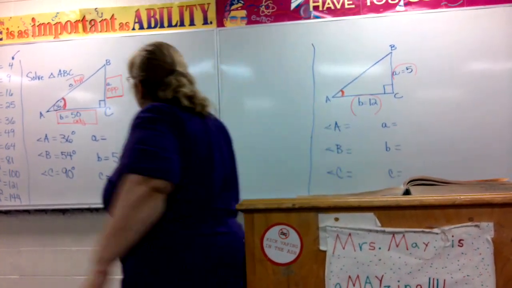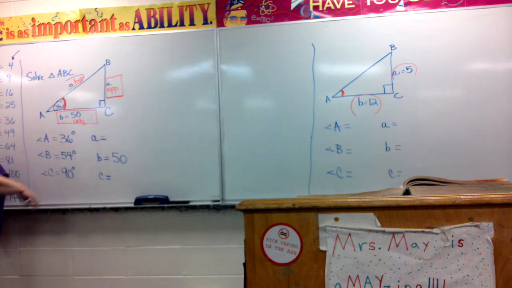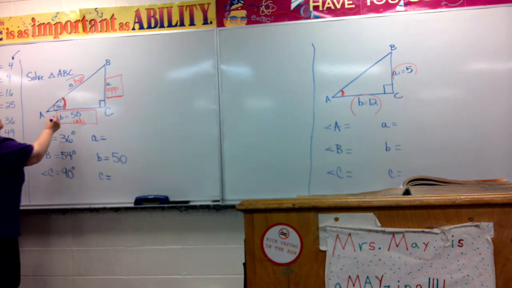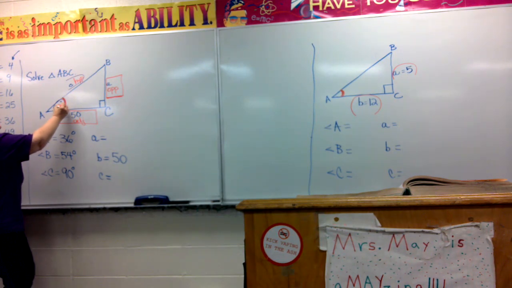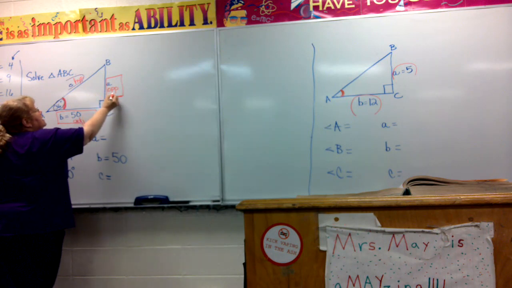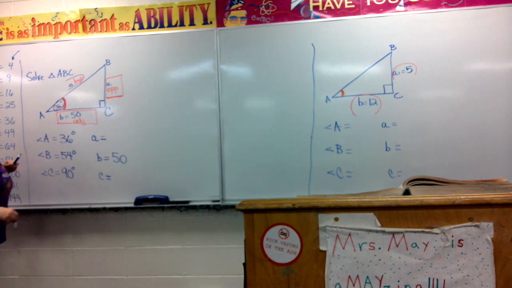So over here, I would go with angle A because they gave us angle A. And I would label my sides according to angle A. See this one over here? That's the opposite. The one next to it is the adjacent. The hypotenuse doesn't really matter so much. If I wanted to use angle B, could I?